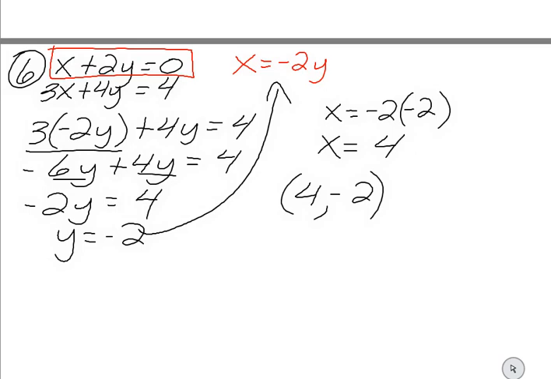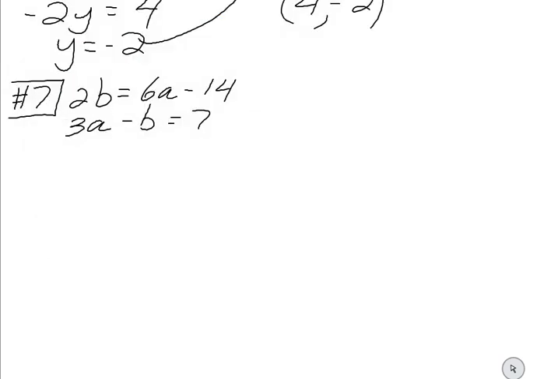Continue working. Okay, on number 7, there's 2 equations that you could use for solving. If you look at the top equation and you solve that for b, even though we're dividing by 2, we still end up with whole numbers and no fractions. We'd end up with b equals 3a minus 7.